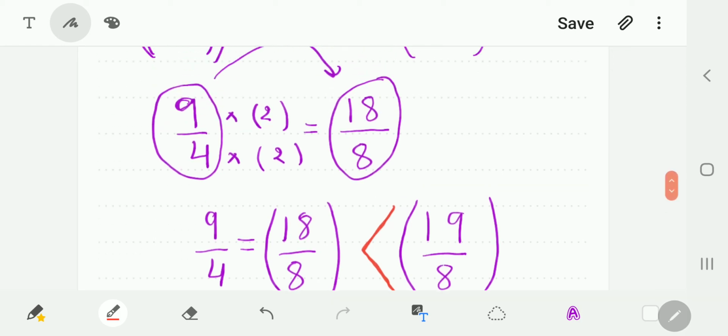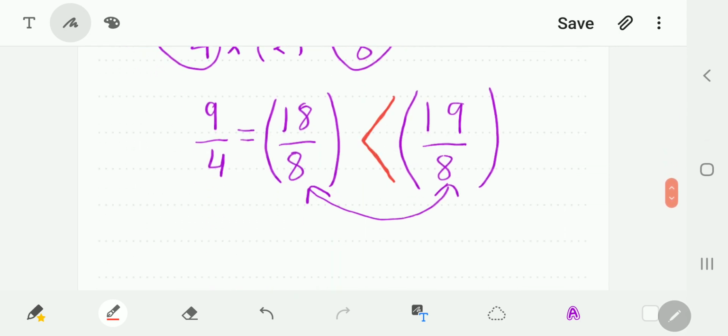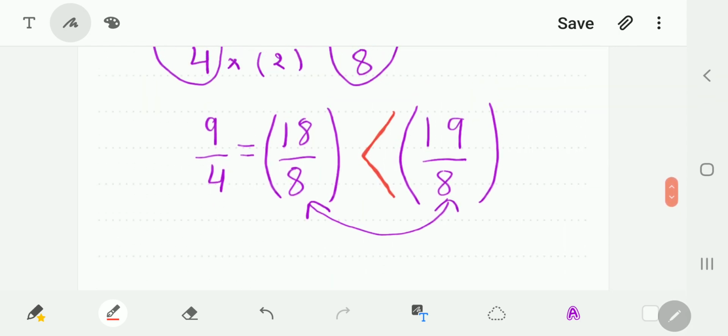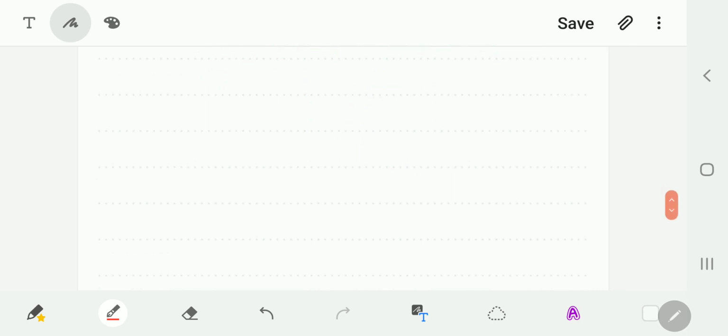So I just thought about showing you the other way of comparing these fractions, because sometimes some of these fractions are just the same, for example, 4/2 and 16/8.